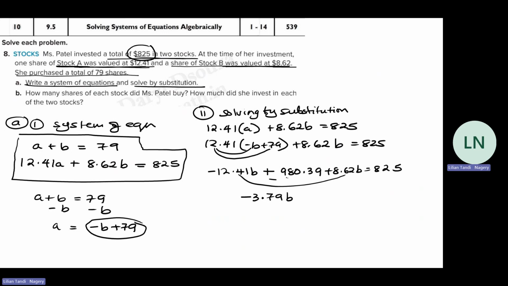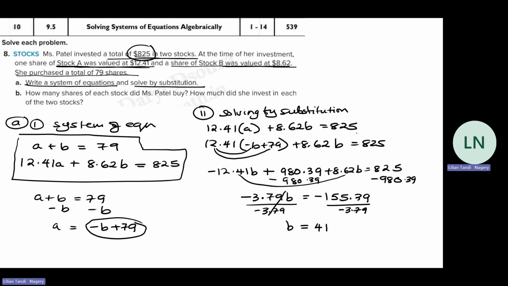And then I will subtract 980.39 on both sides. I should get negative 155.39. I will divide both sides by negative 3.79. And this goes away. So B will be 41.